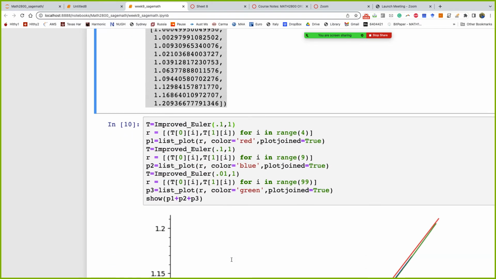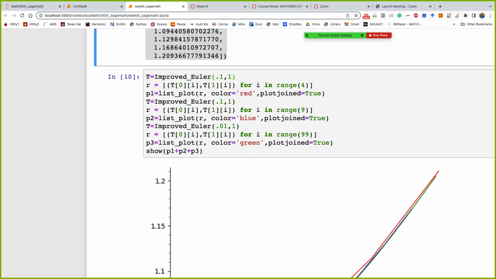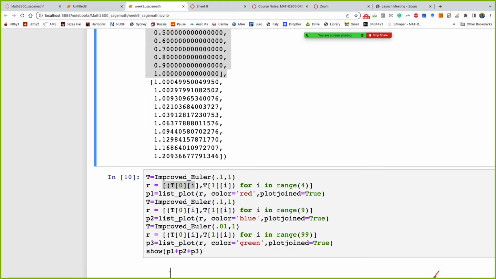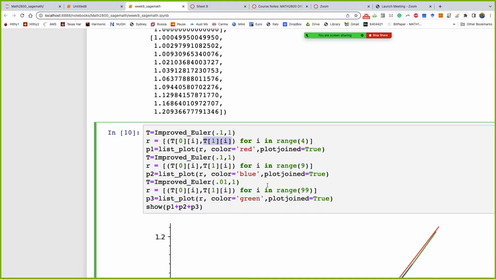So I take the t, the improved Euler, and I'm going to save this list. So T0 will be the list of the x's, T1 the list of the y's, and for i in range 4. I don't know why I did 10, maybe because it was already 0.25, that's why.